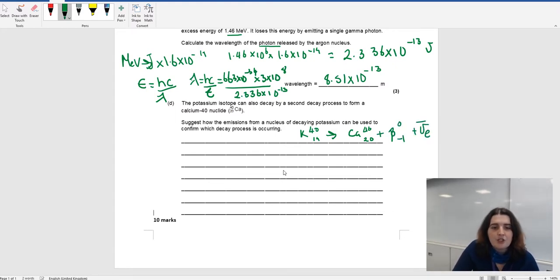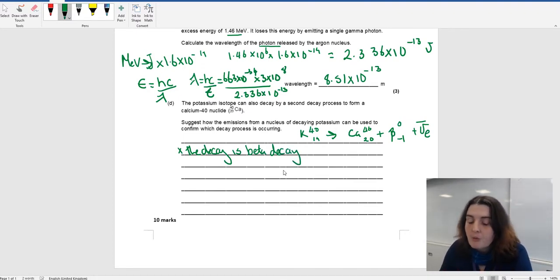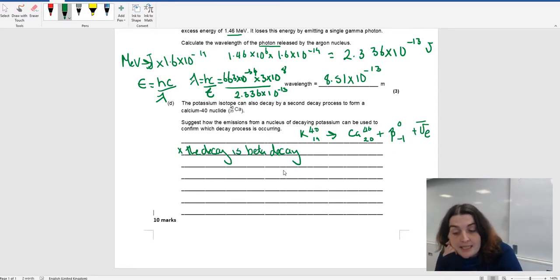Okay, so suggest how the emissions can be used to confirm which decay process is occurring. So in this case, the decay is beta decay. And I'm going to suggest how the emissions can confirm this. So I want to have a way of confirming that it is beta decay. There are numerous ways that you can confirm beta decay.